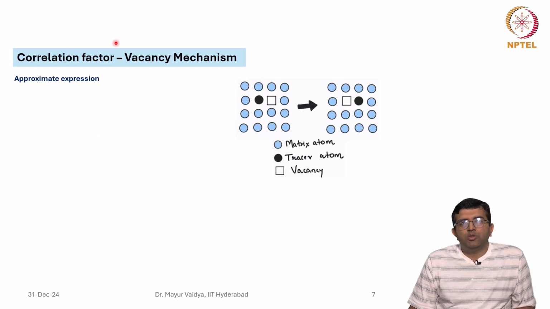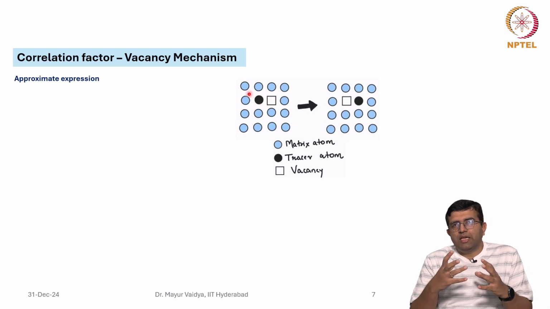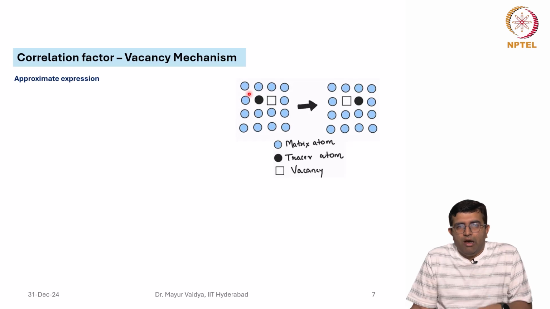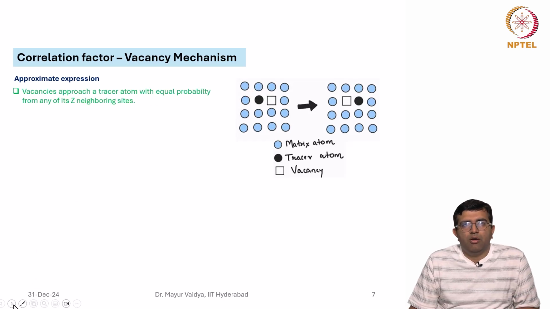Now, we come to a very important mechanism, which is the vacancy mechanism. To understand the correlation factor here, you see, for example, this is a tracer atom, this is a vacancy, and we have already seen that the vacancy concentration is not very large in metals.